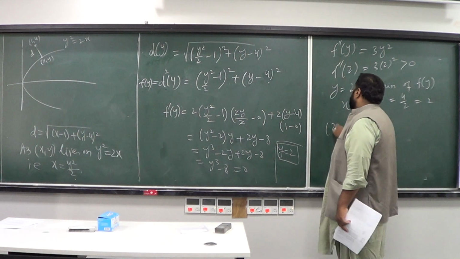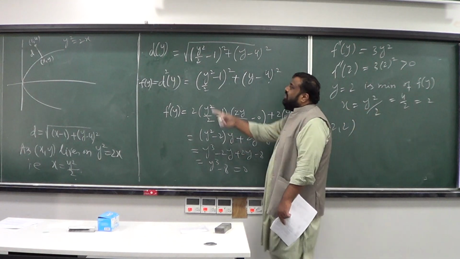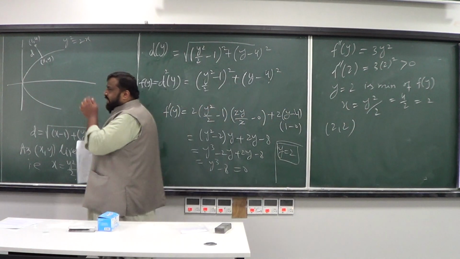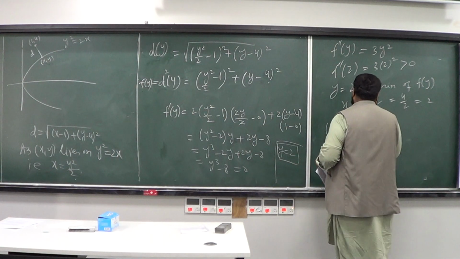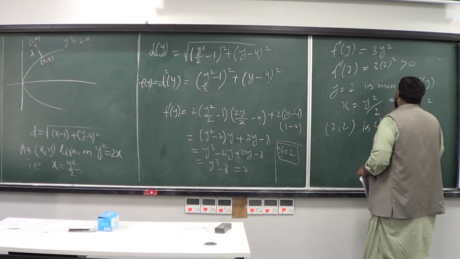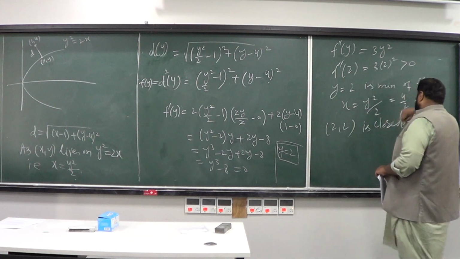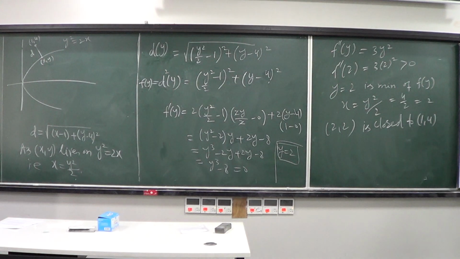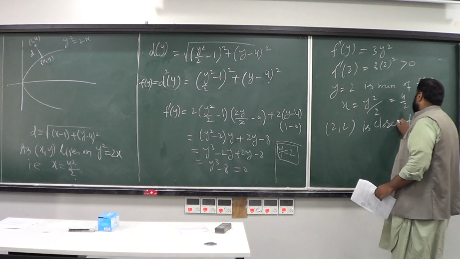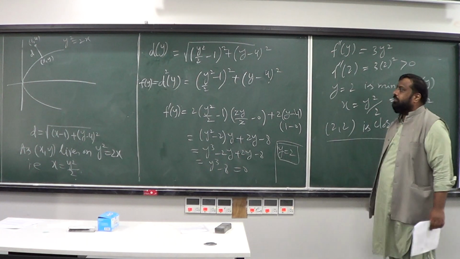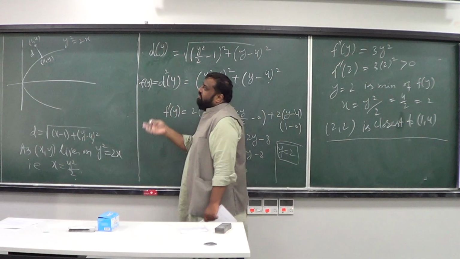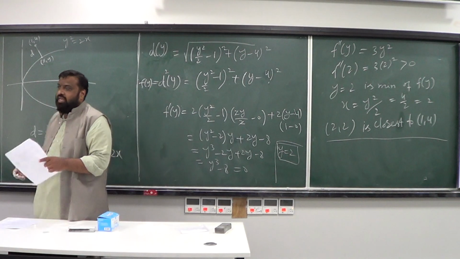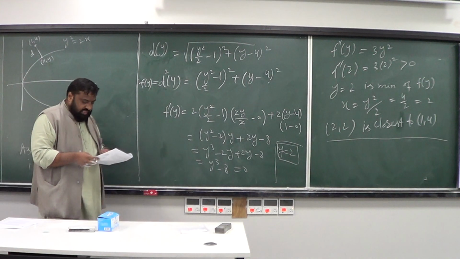So the point (2, 2) is the closest to (1, 4). This is the point that we want. So we found a point. You are given a curve, and we wanted to find a point that is closest to that given curve.